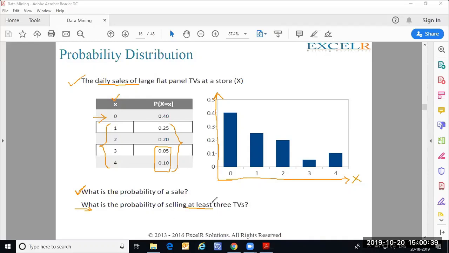The base variable x is number of TVs. So what data type is the x here? Can I represent the number of TVs in some decimals? No, right? They are whole numbers. So it's a discrete data type. So if I plot the probability distribution for a discrete data, it becomes discrete probability distribution.